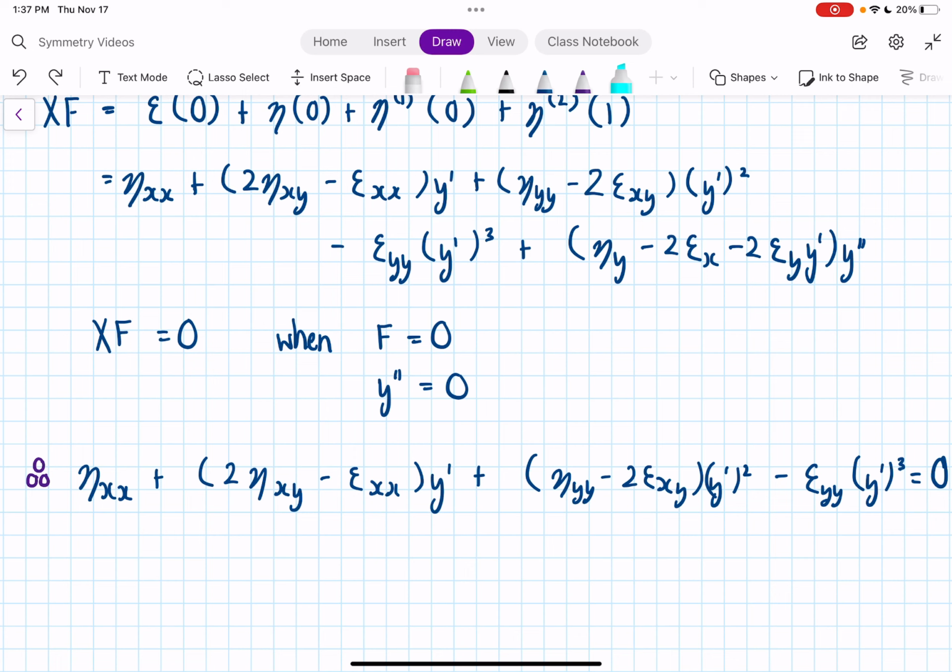And now what we need to do is we have to get our monomials, and they are found by looking at what are the coefficients of my powers of y prime.